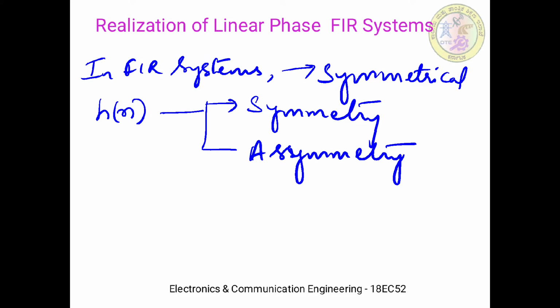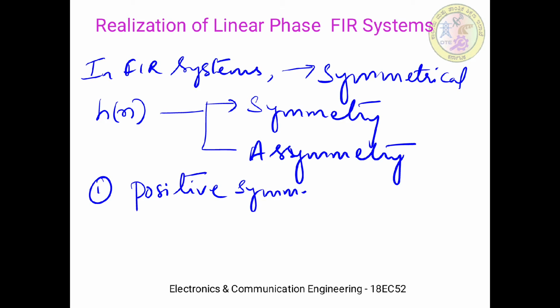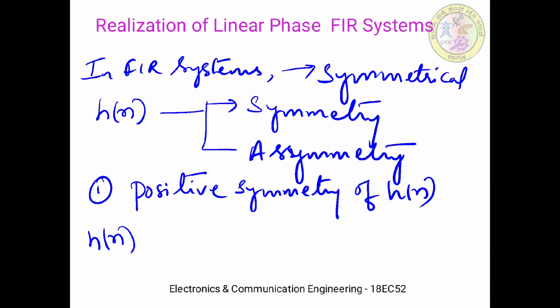The positive symmetry of the impulse response is defined as h of n equal to h of M minus n minus 1.